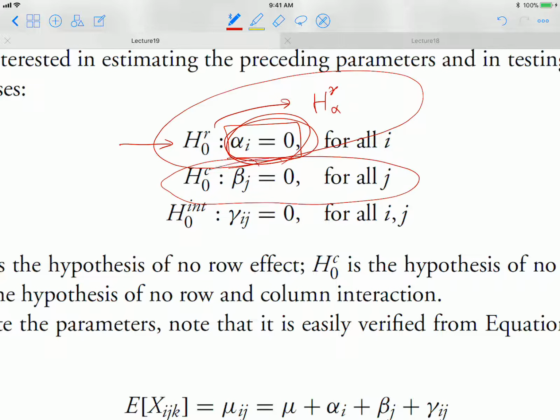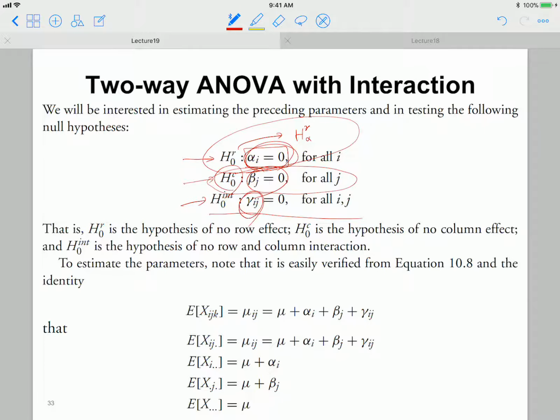And then the second separate hypothesis test that we consider is this: the column-wise effect has no effect, versus at least one of them is not zero. And then the third hypothesis that we consider here is whether these interaction terms are all zeros, which means in this cell, for example, they are fully represented as just an additive model.